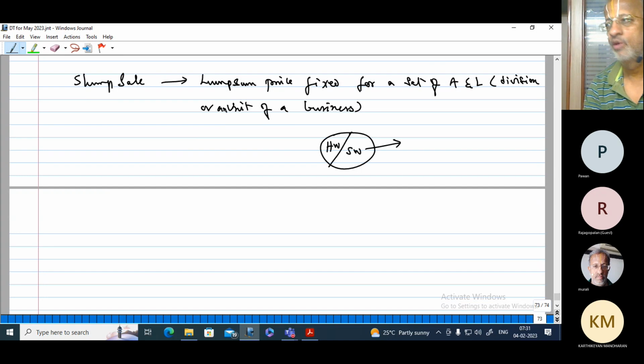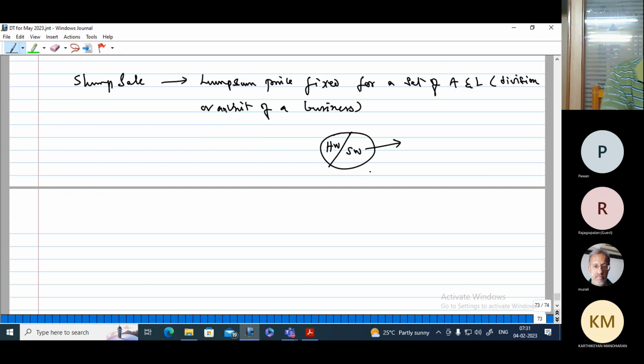It may be running in loss, or they do not have adequate workforce to make it big. There could be a lot of reasons why they want to effect a sale. It could be loss making, or their skill sets are more appropriate to develop only hardware and not software, or they want to sell the software for some profit to make the hardware unit very profit making. It could be a variety of reasons.